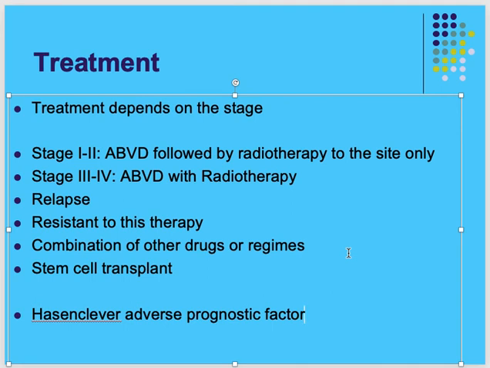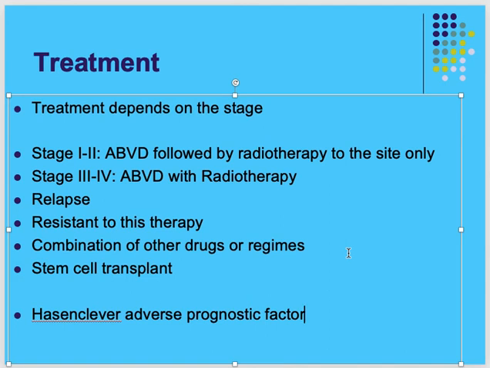Serum albumin less than 40, hemoglobin less than 105, male, stage 4 disease, age more than 45, WBCs more than 15, or lymphocytopenia. All these things count in the prognostic factor, and each has some points, and based on that, they see whether the prognosis is good or bad. So that's all about Hodgkin lymphoma.